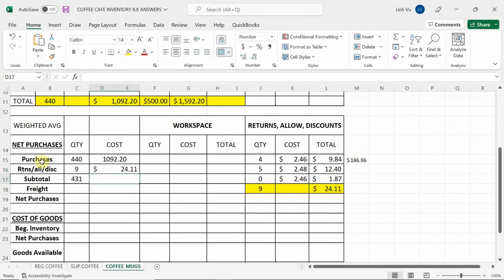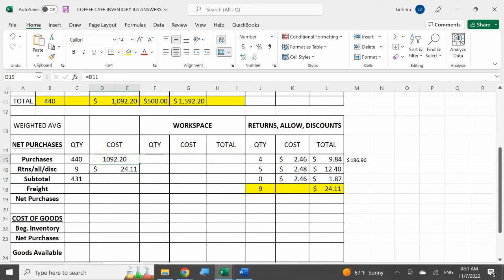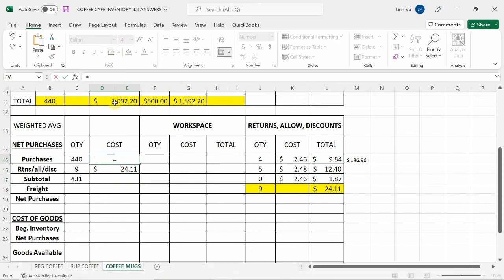So how much should we actually owe right now? If I started out with 1,092.20 and I end up getting a refund for 24.11, how much should I have actually purchased? 1,068.09. Good.